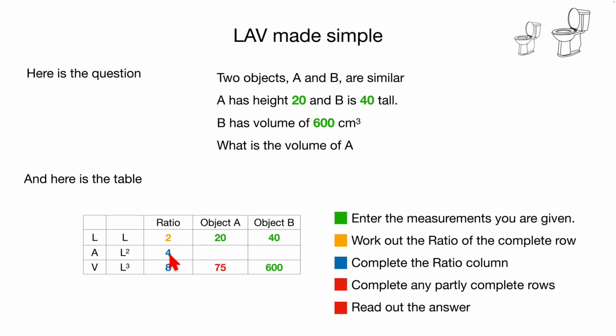The ratio of surface areas is going to be 4, the ratio of volumes is going to be 8. And now we have 600 as the object B volume. We divide by 8 to get 75. Fill out this table, and it takes moments, and you will not make a mistake. You won't go the wrong way and multiply when you should divide.